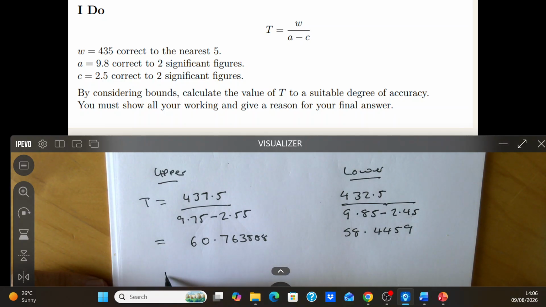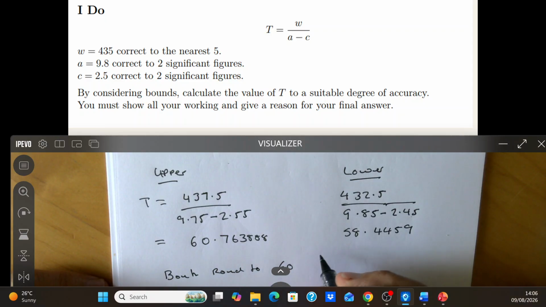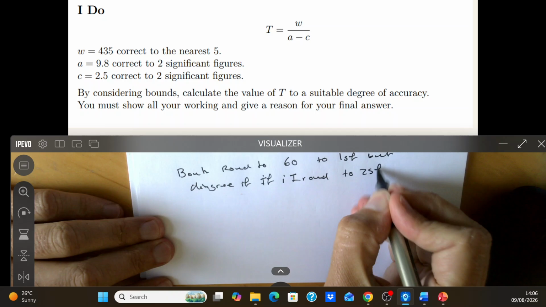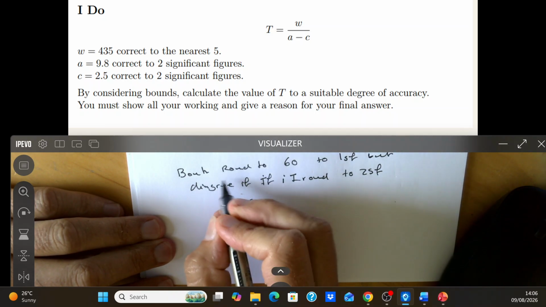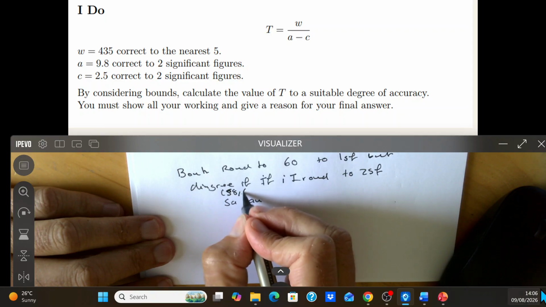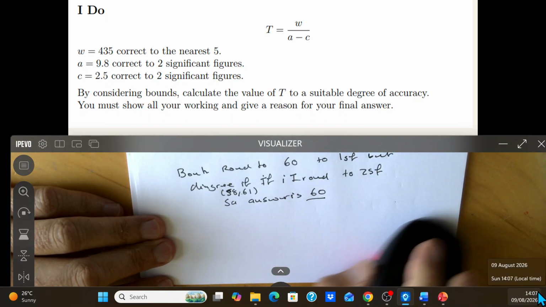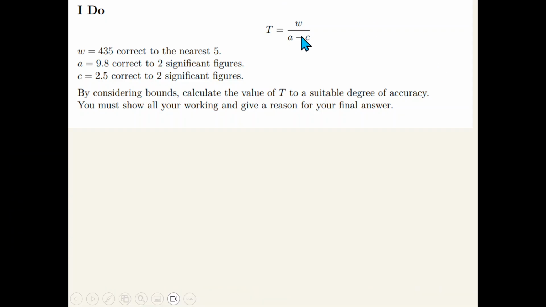So both round to 60 to 1 SF, but disagree if I round to 2 SF, so the answer is 60. There we are. Brilliant.